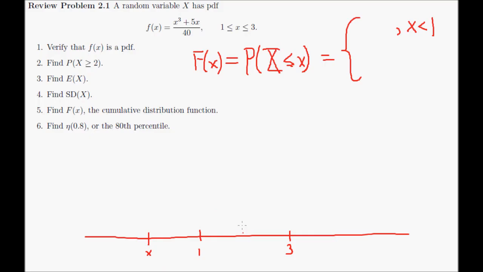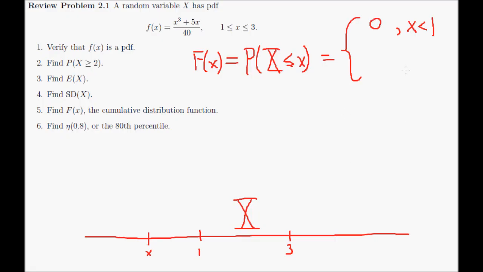The random variable capital X is guaranteed to be between 1 and 3 someplace. And little x is over here. So no matter where capital X is, it is guaranteed to be to the right of little x. So capital X in this scenario cannot possibly be to the left of little x, and so the probability of this event is going to be 0.